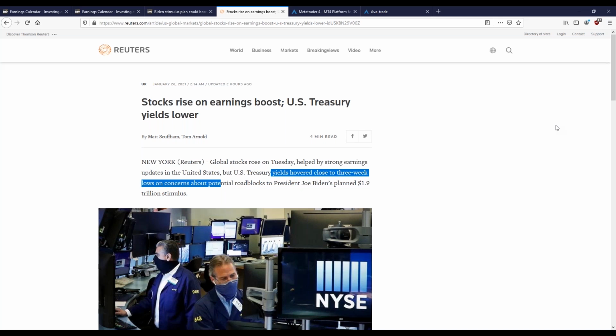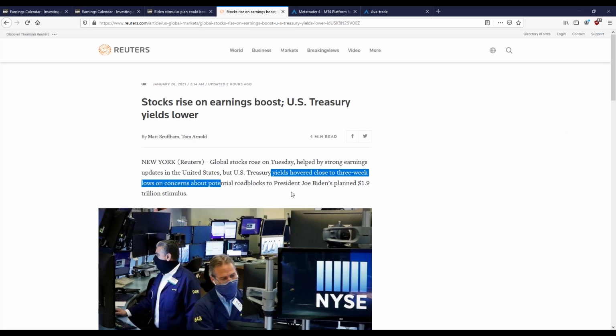And so these US treasuries, the yields are hovering at a 3-week low. That's maybe a warning sign that if the yields are low and the demand is up for US treasury bonds, then maybe there's a potential market sell-off coming.